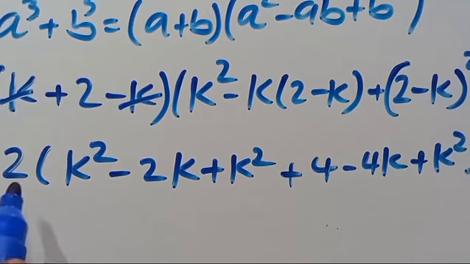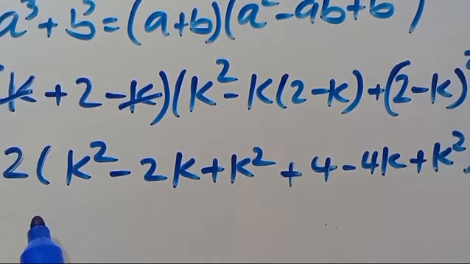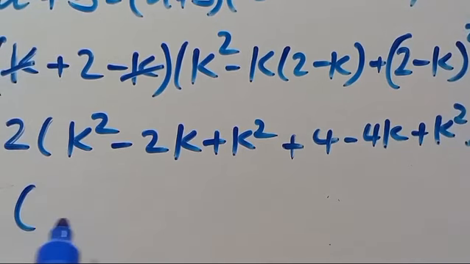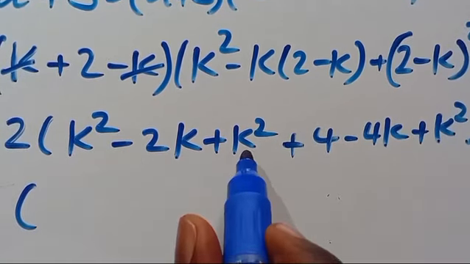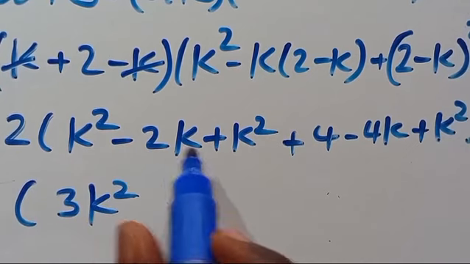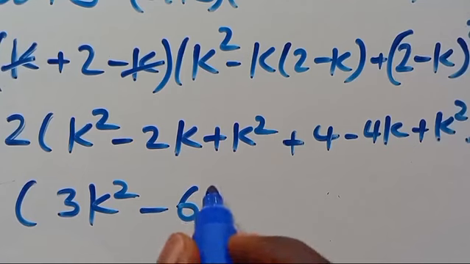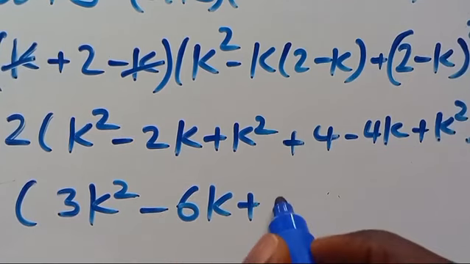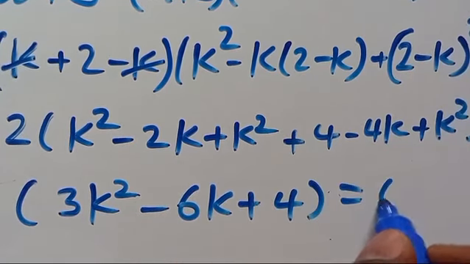When we divide through by 2, we are going to have k square plus k square plus k square, that is 3k square, then minus 2k minus 4k, we have minus 6k, then plus 4 equals 0.